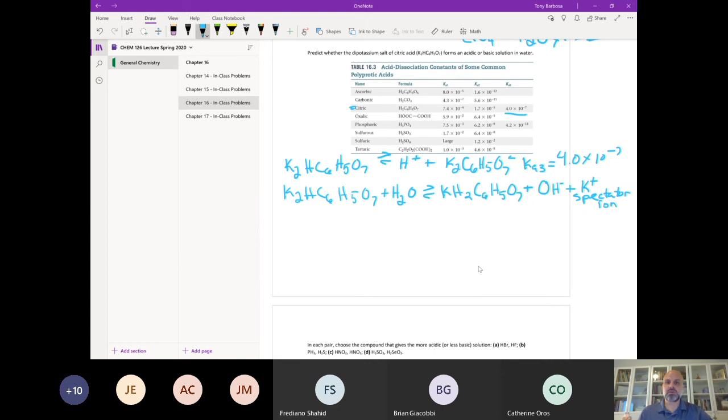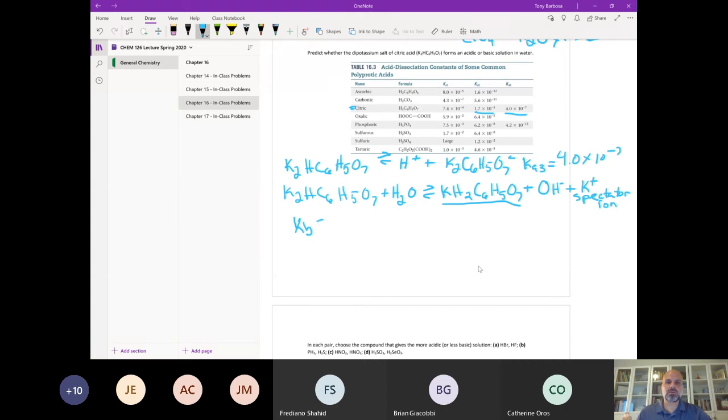Now we need to look in the table and figure out which acid we're looking at in the reverse direction, so we're analyzing our Ka2. Our Ka2 is 1.7 times 10 to the minus 5th, but we really want to solve for our Kb.